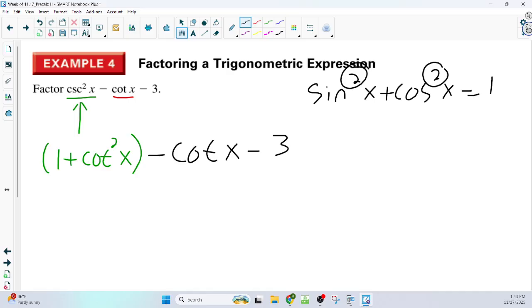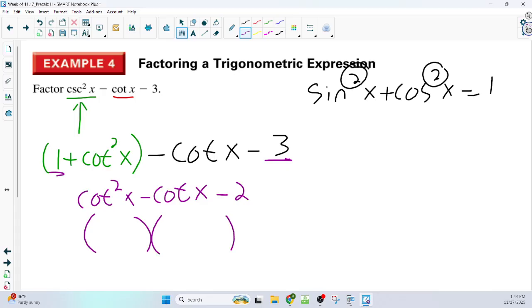Thoughts on this? Well, now we have the 1 and the 3 that can combine. So we end up with cotangent squared of x minus cotangent of x minus 2. Right? We could just take this 1 and 3. And now actually we could factor this into something. So we combined 2 things. The green was from example 2, the first example we did.